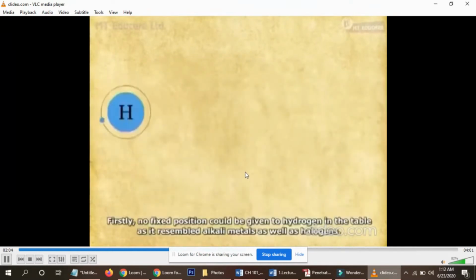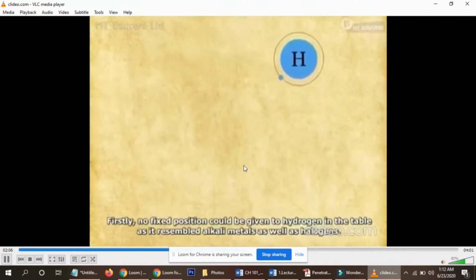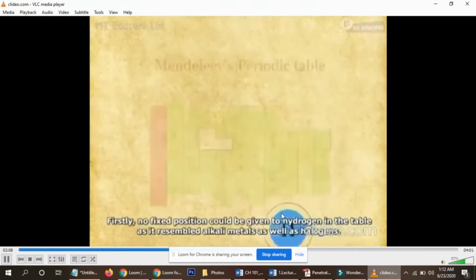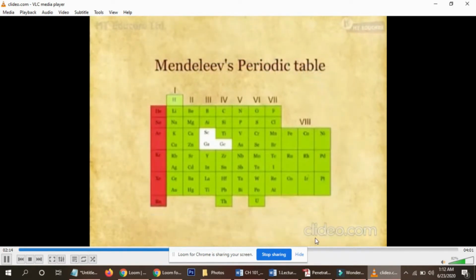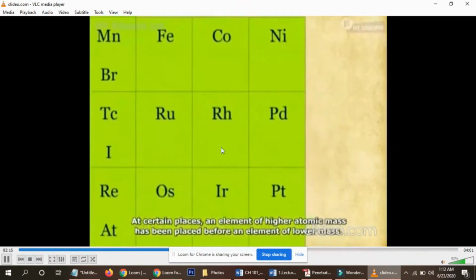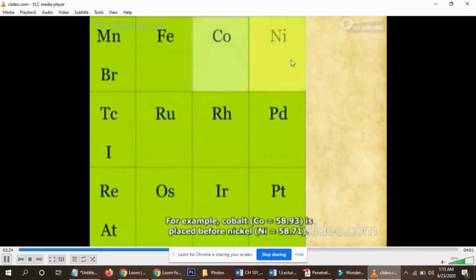But we also have some demerits. What are the demerits? The place of hydrogen, as hydrogen has similarities with the alkali metals as well as the halogens. Again, for cobalt and nickel there are some irregularities.